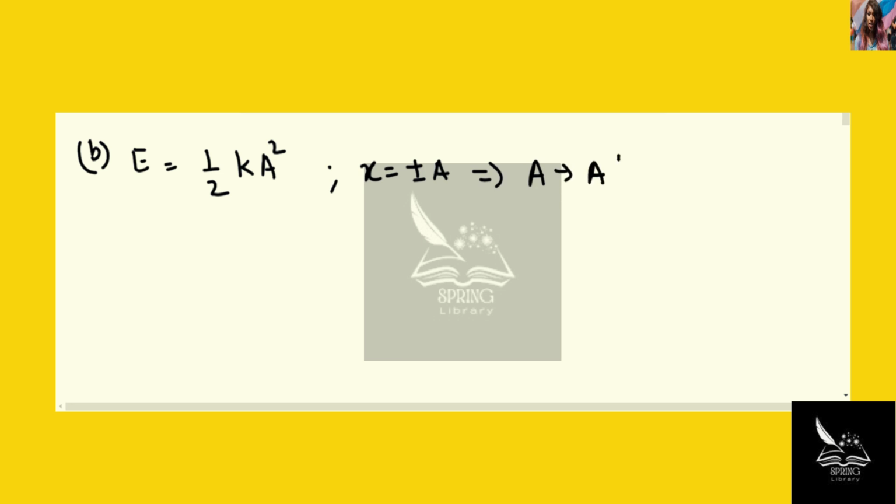In the B part, we have been given energy, and we know the formula, that is E equal to half k A squared, when x is equal to plus or minus A. Now, when A becomes A by 2, what will be the new E1? Half k into A by 2 the whole square.